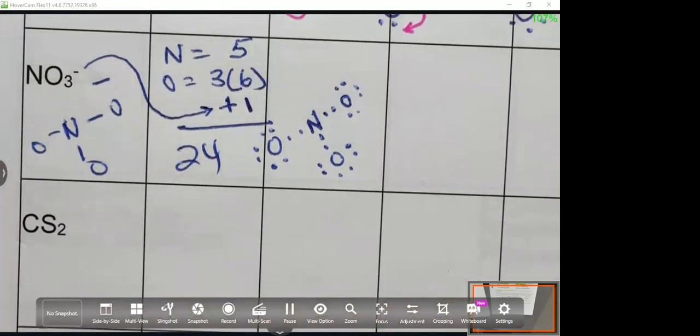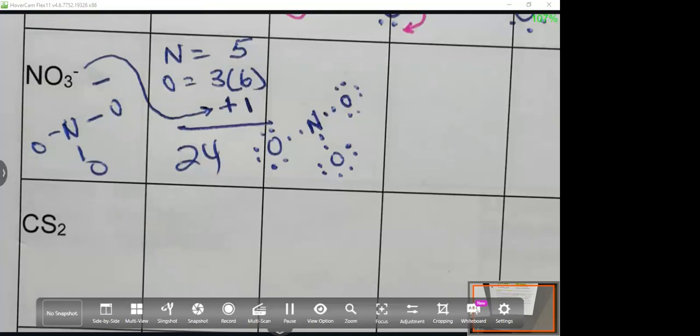How many electrons do I have so far? 24. Yep. Right. How many am I allowed? 24. Not happy, nitrogen. What do we got to do? Slap a double bond in there, correct?